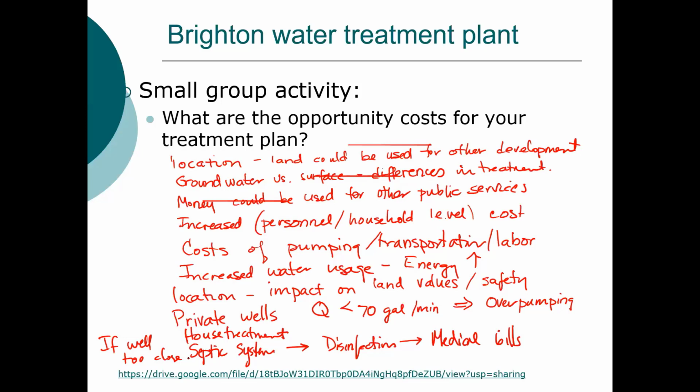We either need to disinfect, or if we don't, we have the potential for people coming down with waterborne diseases, and the medical bills associated with dealing with those. So those are just some of the opportunity costs that we can think about for a water treatment system.